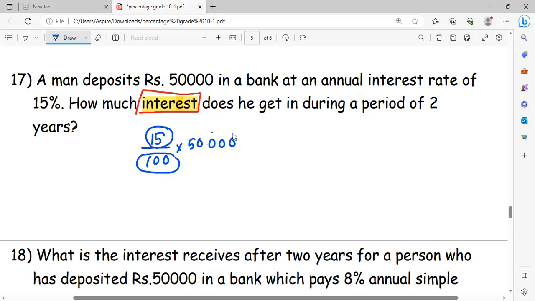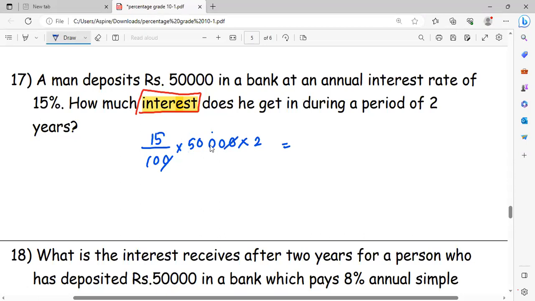Now I have deposited, you have to multiply it by the given value. A man has deposited 50,000. Then you have to find the amount he obtained for a year. Now, by this calculation, you obtain the value for a year. To find it for 2 years, multiply by 2.